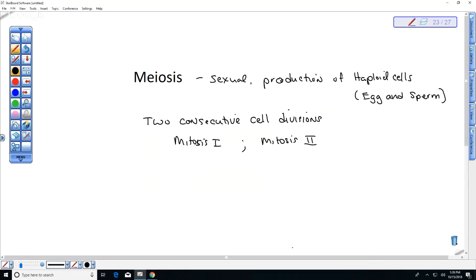If I was to draw a cell, this would be like a cell in the testes that is getting ready to divide. It would divide once, and then without replicating the genetic material, it would divide again.